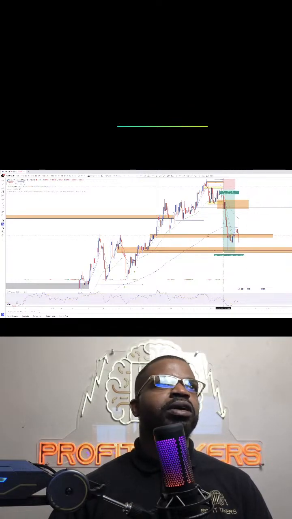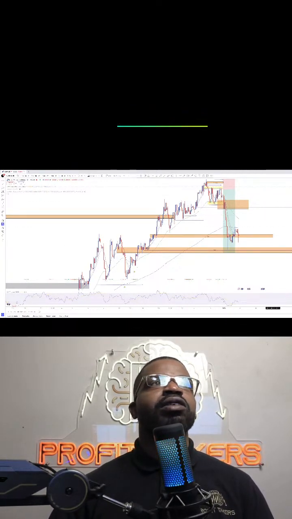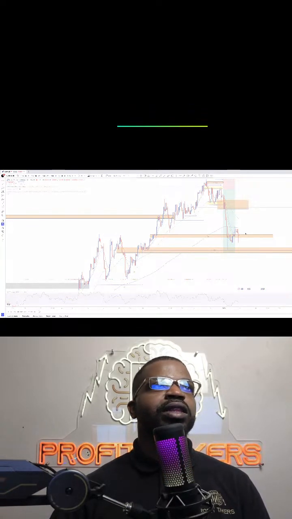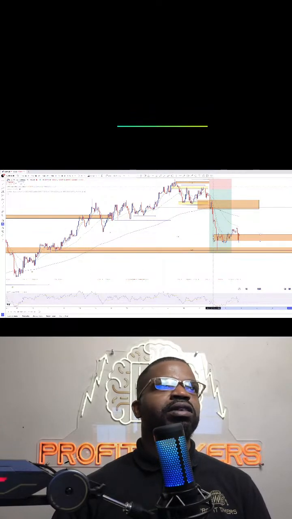Yeah, we very well may see that continuation in this downtrend. All right, so we got this mark that we're looking for a sell. We want to wait until this level is broken.